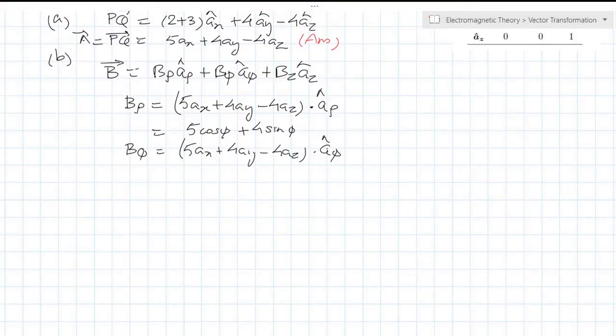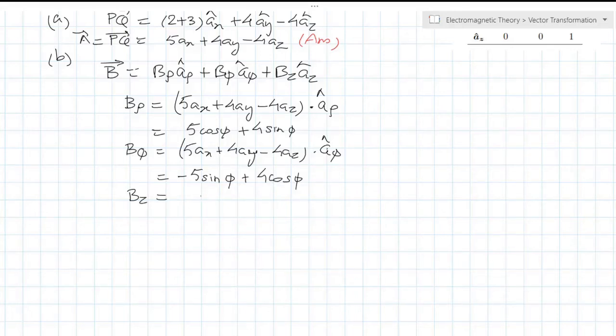So the answer will be minus 5 sin phi plus 4 cos phi. You can verify it. I am looking at the table, consulting the table, and then coming up with the answer.